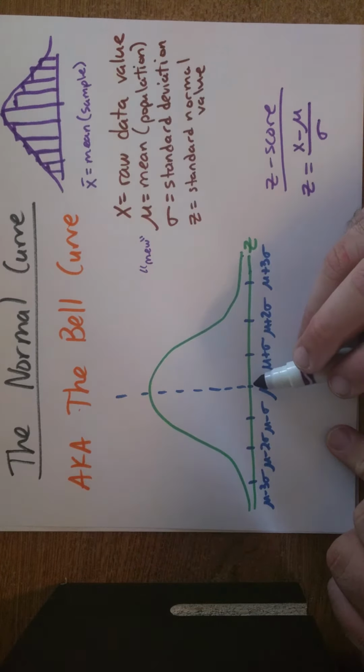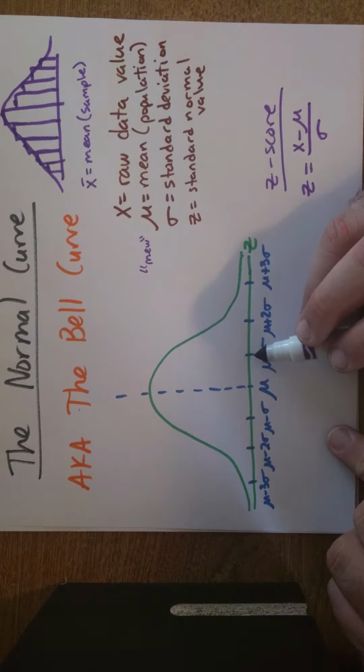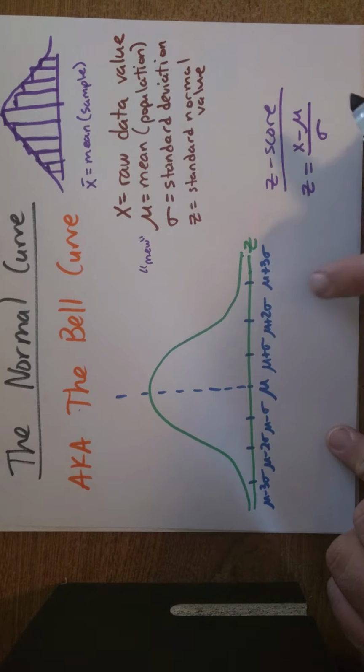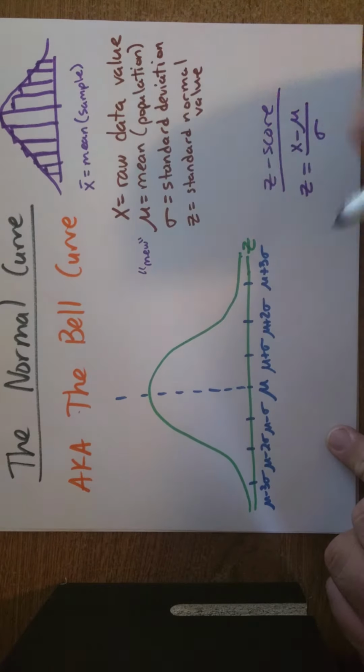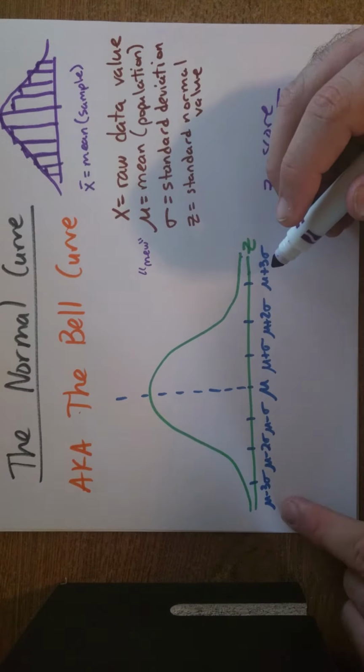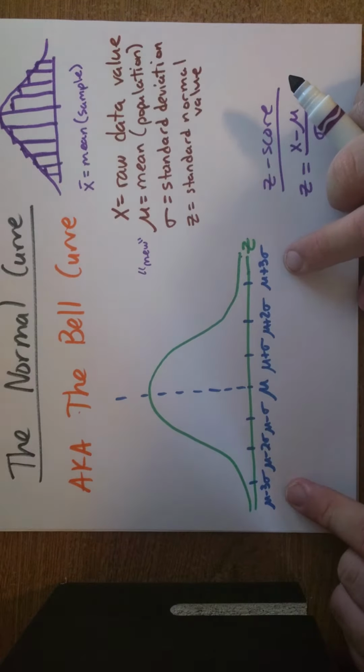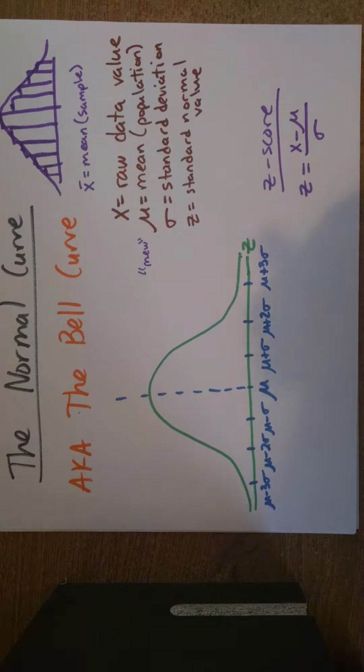So as I go from the center of the curve to this unit right here, this is one standard deviation. From here to here, it's 2 standard deviations. So that's why each of these is marked with mu plus sigma, mu plus 2 sigma, and so on. Now, in the other direction as well, it's mu minus sigma. We never go beyond 3 sigmas because, well, I'll tell you why in a second.